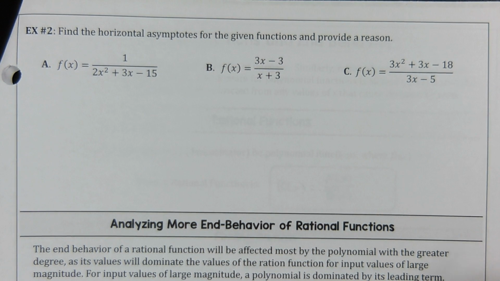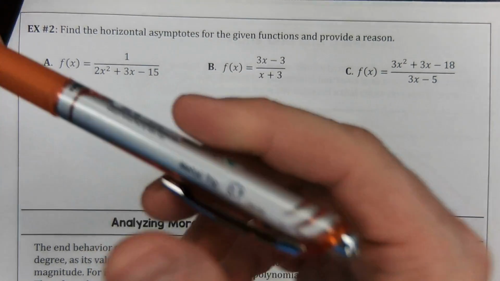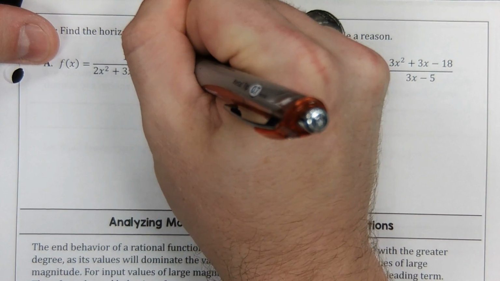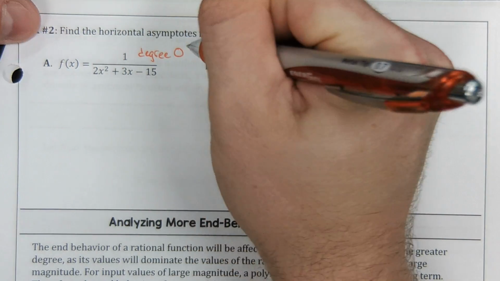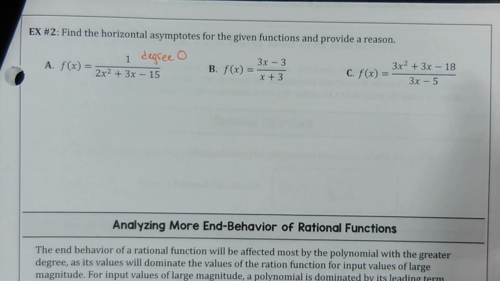If I put it there, what would the exponent be on it so that I didn't have to write it? A 0. Because what is x to the 0? 1. I could think of this as 1x to the 0. This is a degree 0 polynomial. What if there's just not an x there? It's just 1. That makes it degree 0.